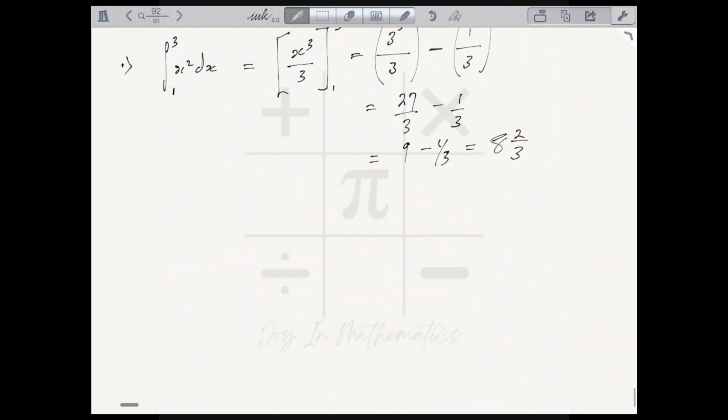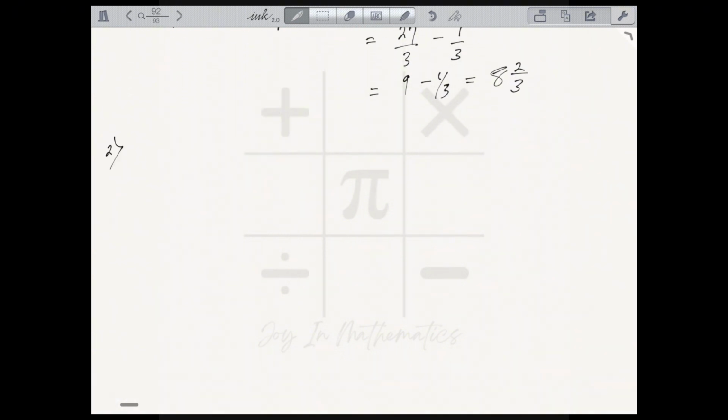Let's take another example. Let's integrate 3x with respect to x from limit of 1 to 2. Now the first thing to do is to integrate 3x, and integrating 3x, we have 3x squared over 2, and we apply our upper limit and lower limit, that is from 1 to 2. Therefore we substitute our upper limit first.